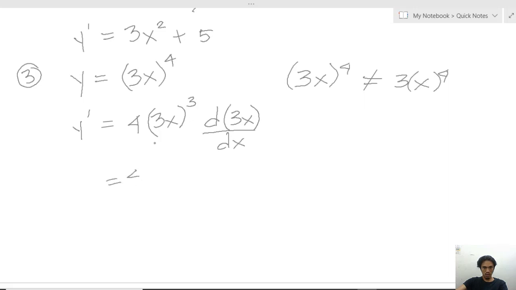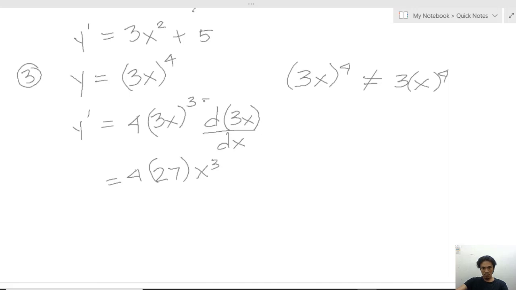Simplifying, we have 4 times 3 raised to 3, which is 3 times 3 is 9, 9 times 3 is 27. This is 27 times x raised to 3.